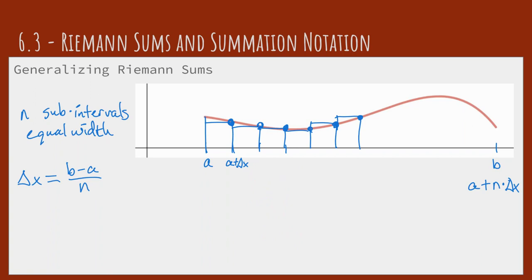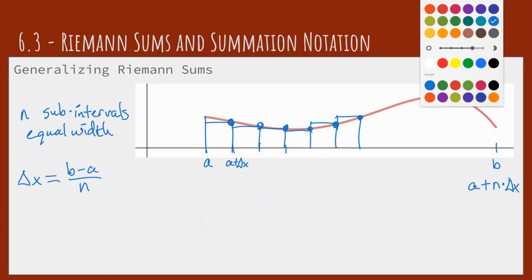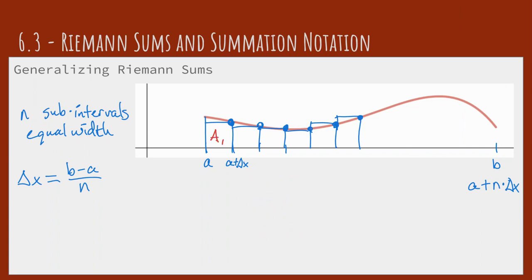So I'm going to start with writing out all of the terms that we're going to add together. The area of the first rectangle, I'm going to call that A sub 1. The width of the rectangle is delta x, and the height of the rectangle is going to be f of a plus delta x. So that's the area of the first rectangle.